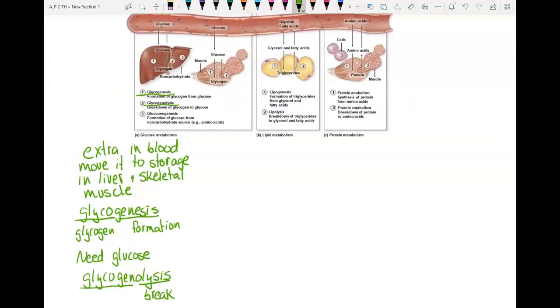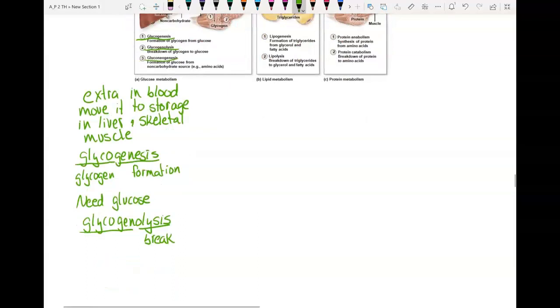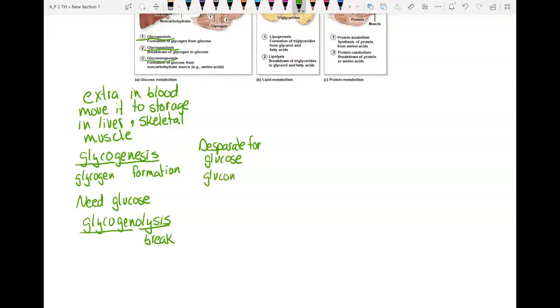Then we have that gluconeogenesis. So this is if you are desperate for glucose. Then your kidneys and your liver can do the gluconeogenesis.